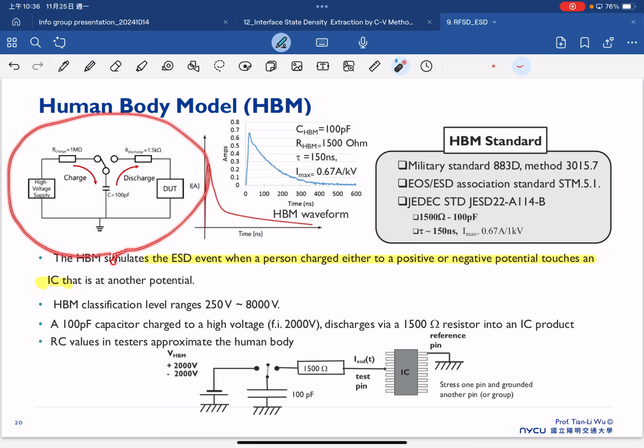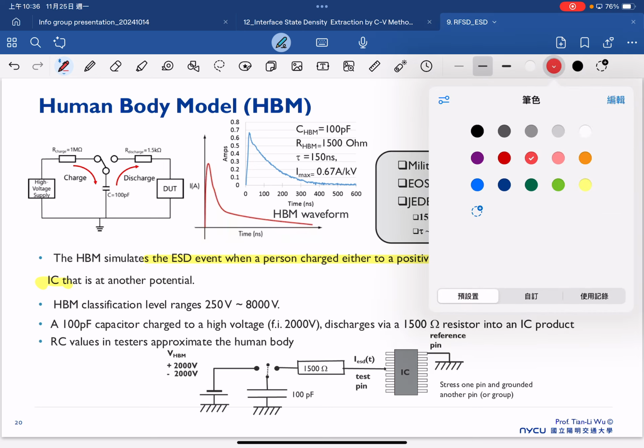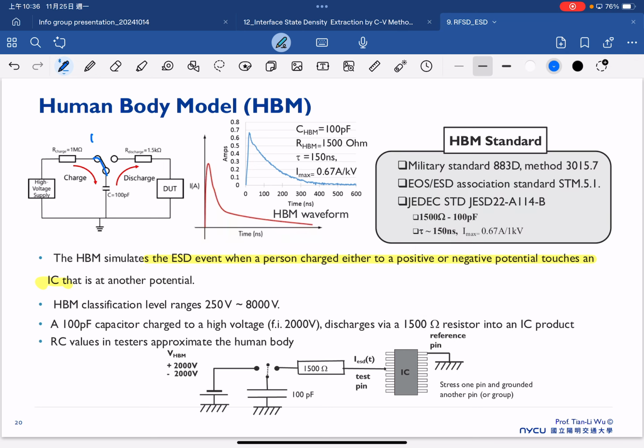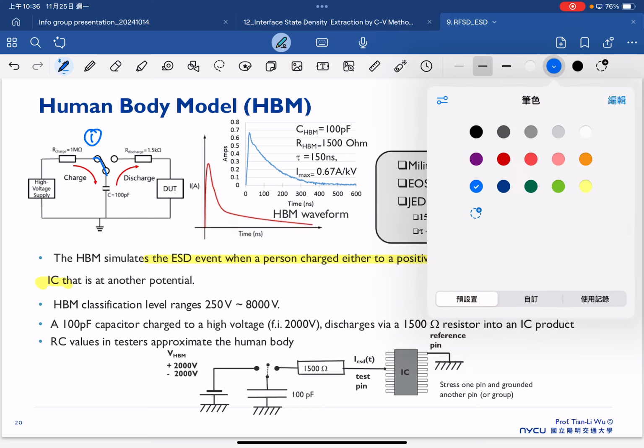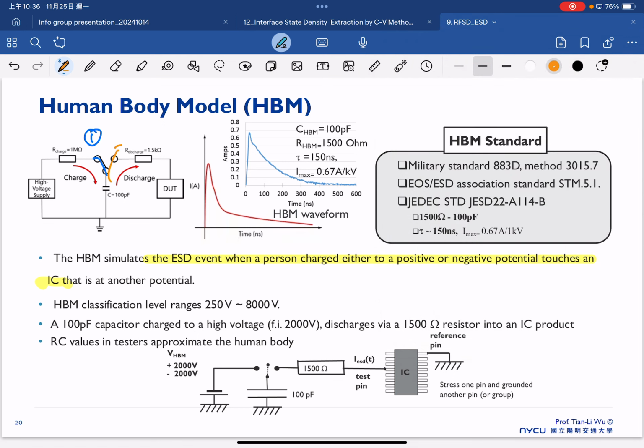First, the charge source connects here to charge our capacitance, and then the second part is connected, and the capacitor will discharge here. This is the DUT, the device under test.